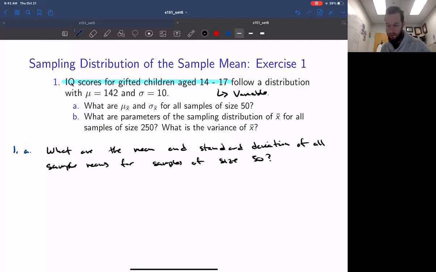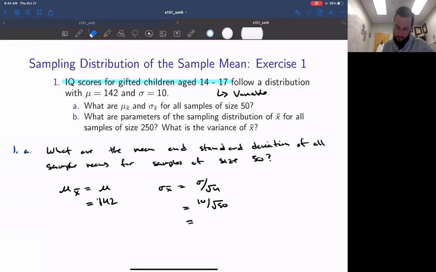So to answer this question, we write mu x bar is equal to mu, which is 142. Sigma x bar is sigma over the square root of n, which is 10 over the square root of 50, which is 1.414.